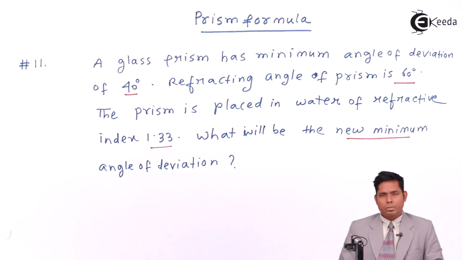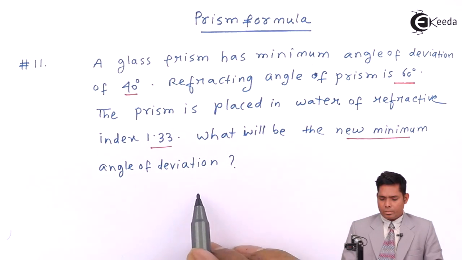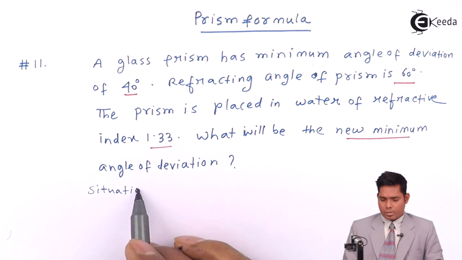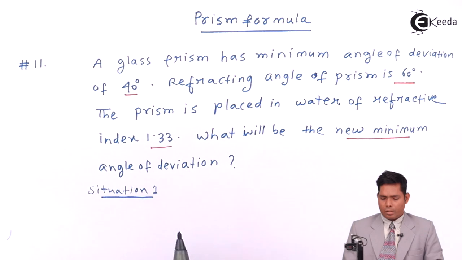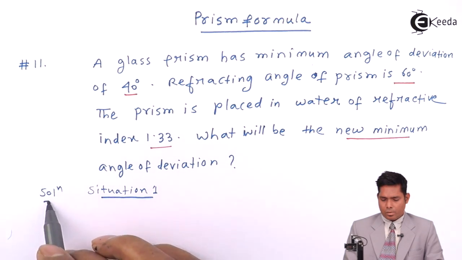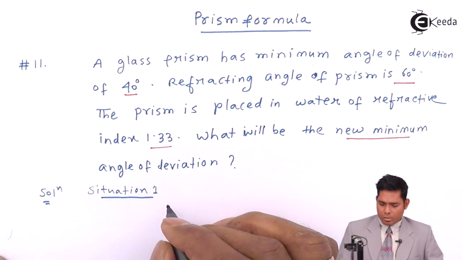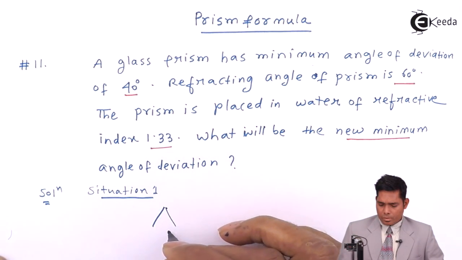There are two situations we have to understand. First situation, I will write situation 1 here. The first situation says that the prism is in air.